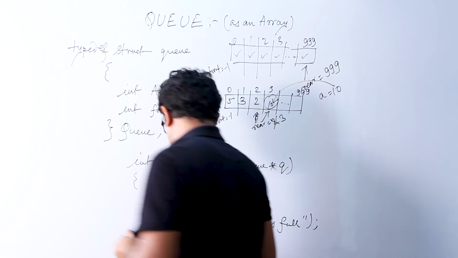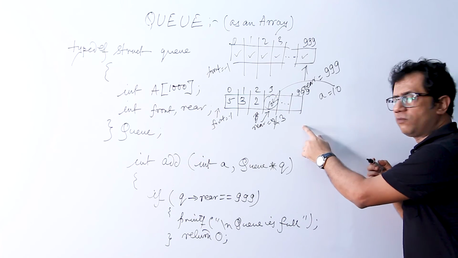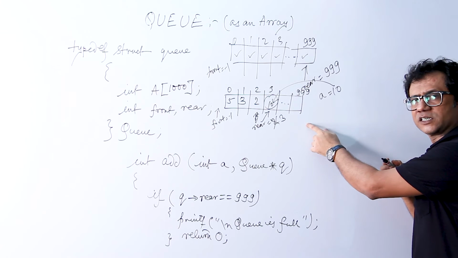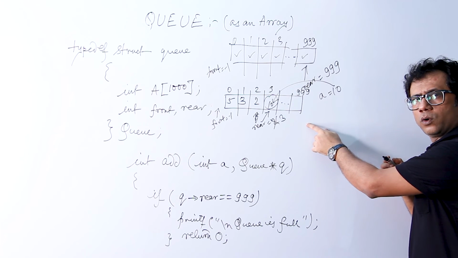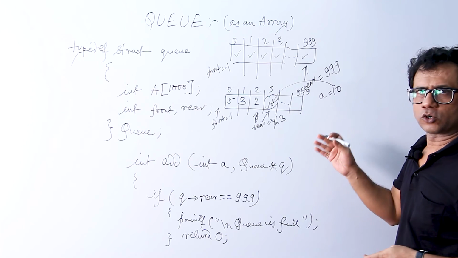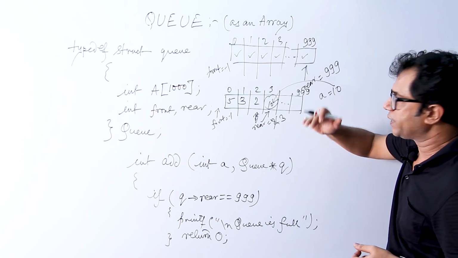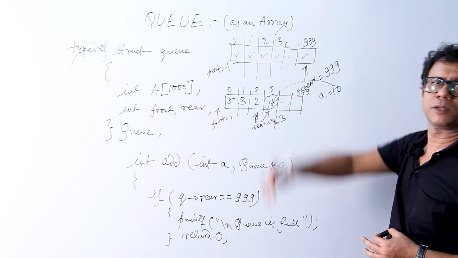So let me write that code. This is quite similar to pushing of data in a stack, where we pushed an element to the stack by pre-incrementing the top variable by 1.